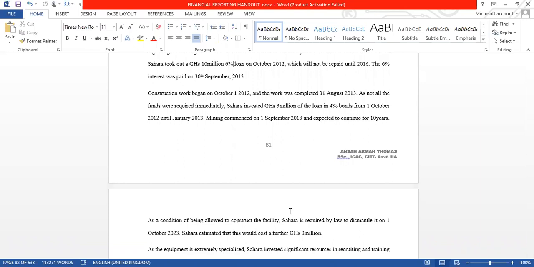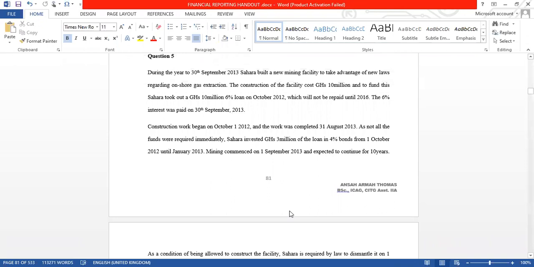So the timing should actually be the time we began the construction and the time that we are going to take the assets off. So the range of time here: we are doing our PV in this year of our question, that is the year of October to September 2013.